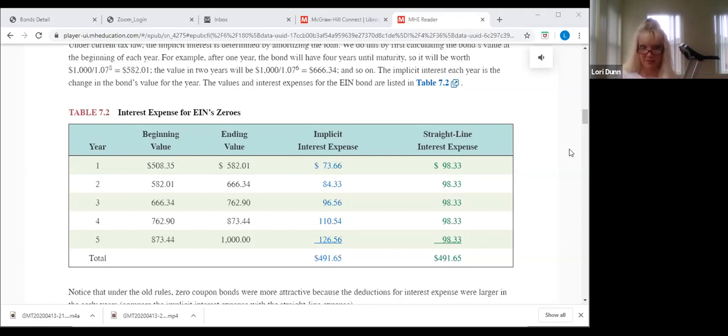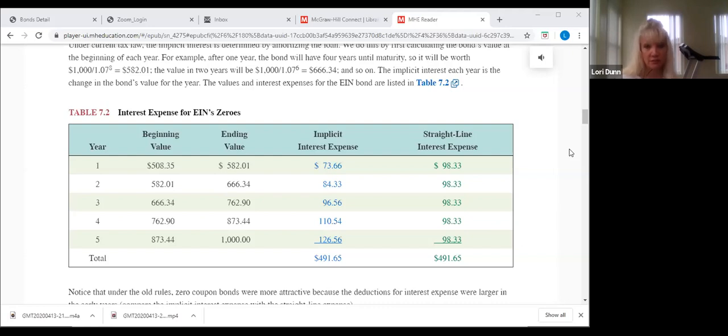Remember what we said: the difference between the maturity value, which in this case is $1,000, and the beginning value, which is the sale price of $508.35, that difference of $491.65 is the interest component. You need to recognize as bondholder a portion of that each year as interest income.